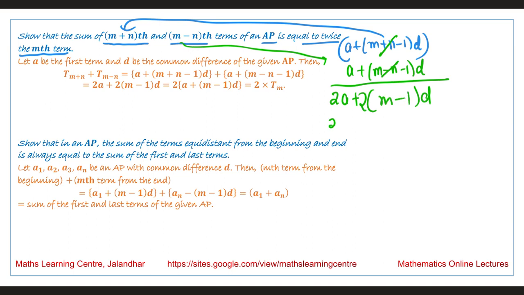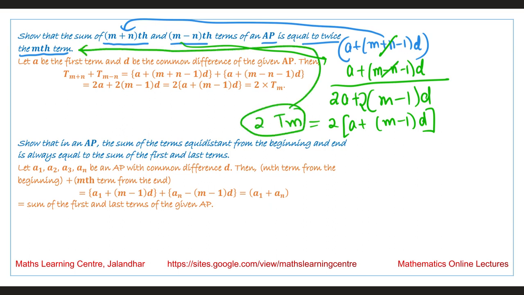So it is 2 times A plus m minus 1 d, and this is equal to 2 times the mth term.